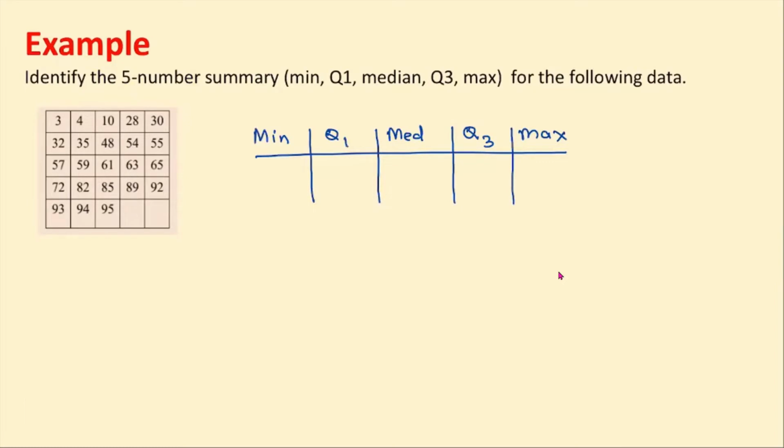In this case, the minimum value is 3 and the maximum value is 95. If the data size is small, we can actually do the math and find Q1, Q2 or median, and Q3. But here, I'm going to show you how we can use a calculator to find these values.